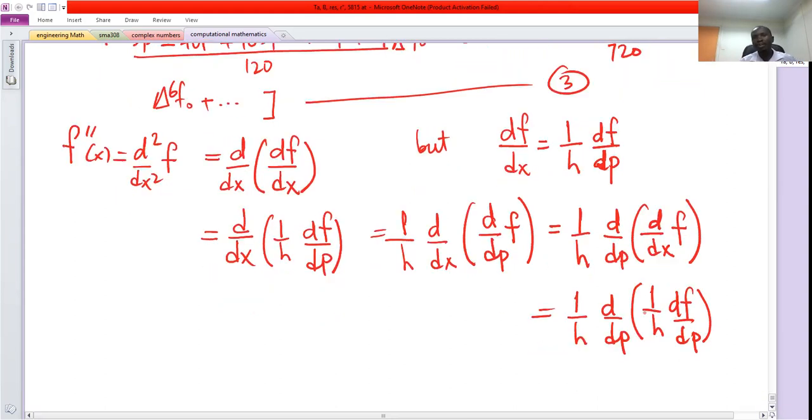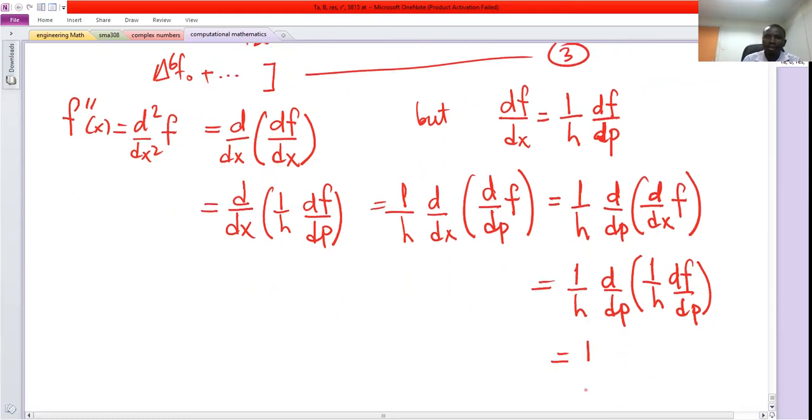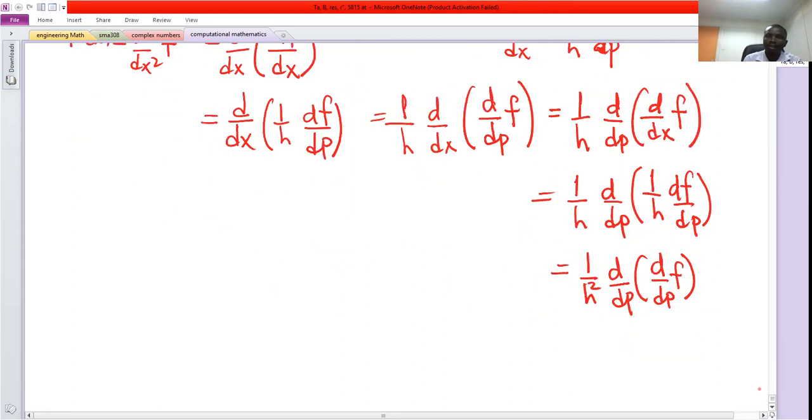Still you factor out this 1 over h, and so it'd be 1 over h times 1 over h, which is 1 over h squared, and then d dp of d dp f. Which tells us that the answer would be d squared f dx squared is 1 over h squared d squared f dp squared.